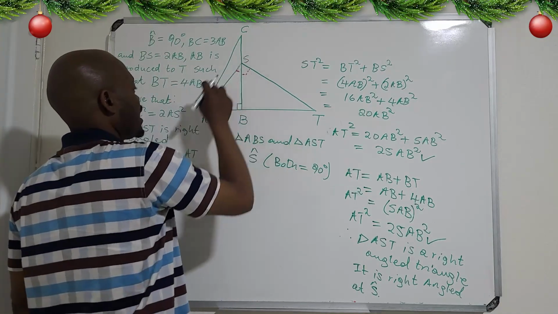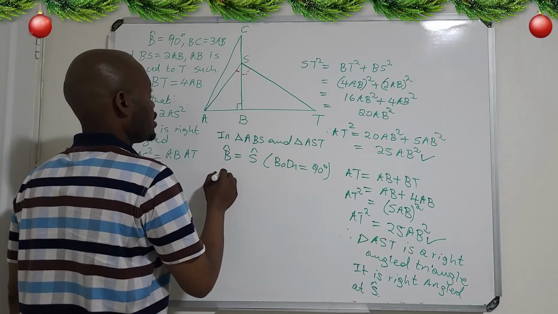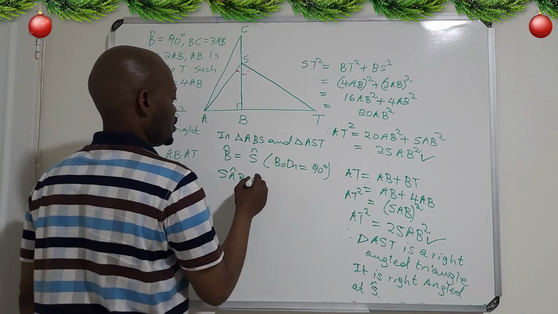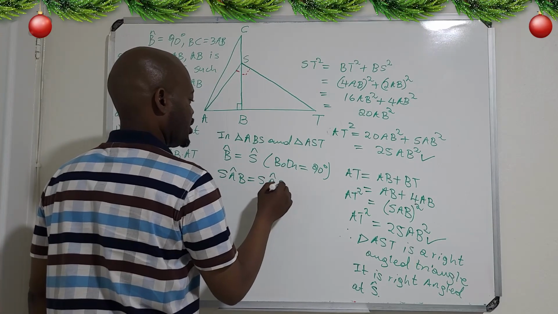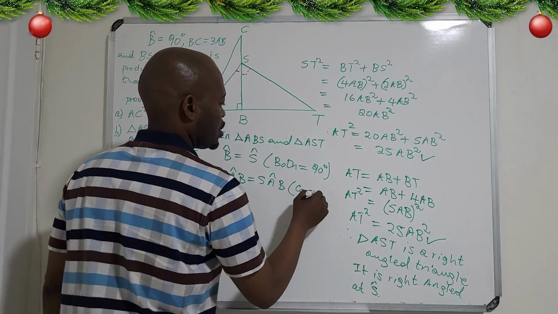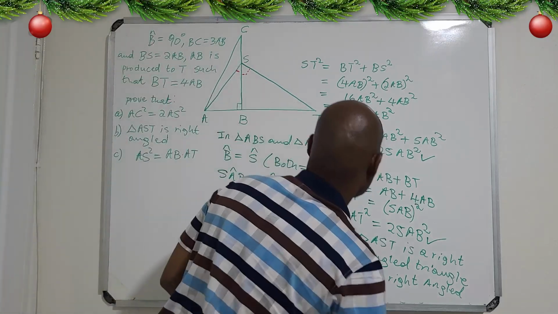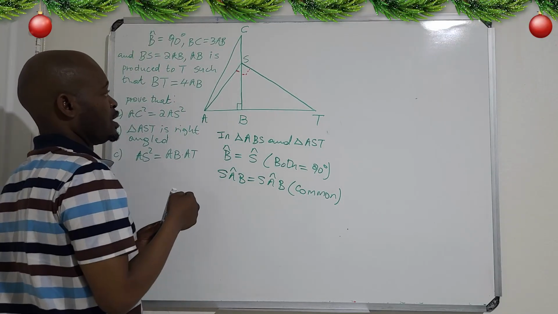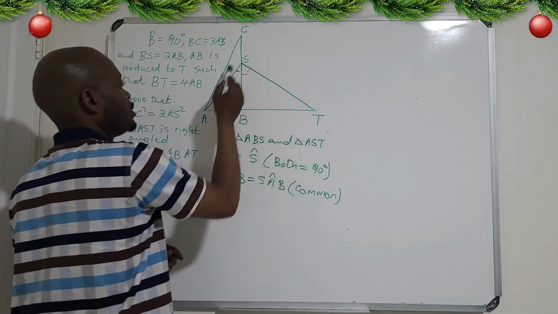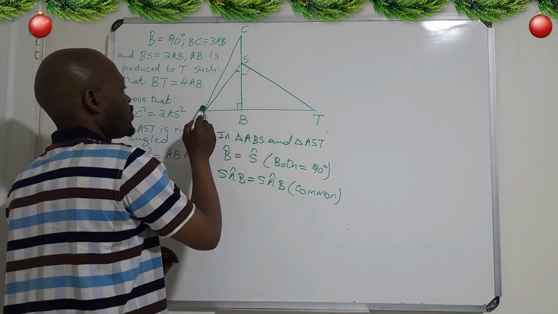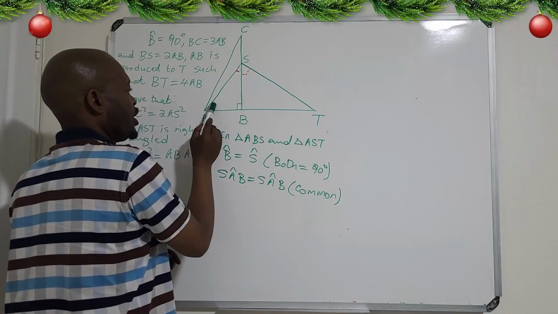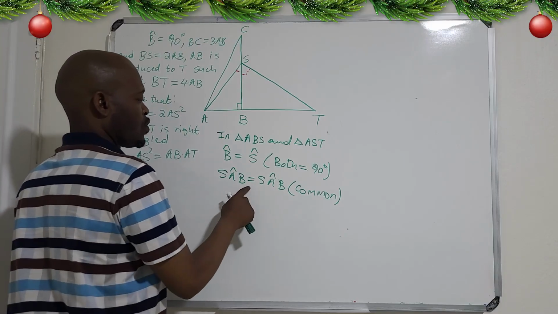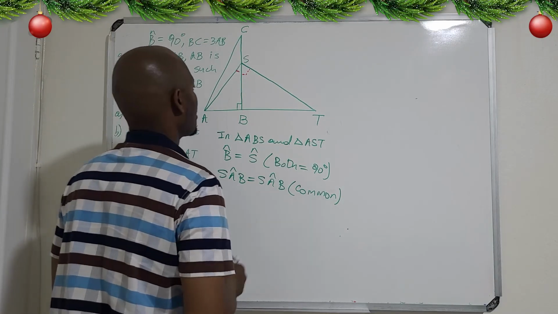Now, angle SAB is equal to angle SAB, common. Therefore, this angle is an angle for this triangle, and it's also an angle for this triangle. Therefore, it is a common angle for both triangles. That is why angle SAB is equal to angle SAB, which is common.